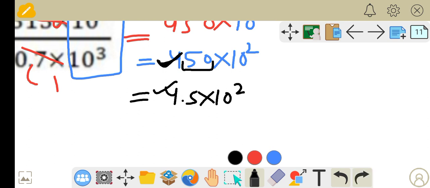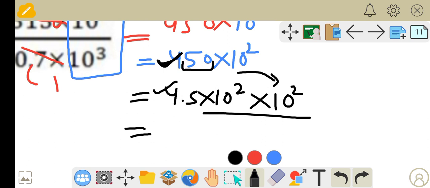And in the last you also have a 10 square, so now your answer is very near. Now we have 10 square twice, both with the same base, so it can be written as 4.5 into 10 to the power 2 plus 2, which means 4. This is your final answer.